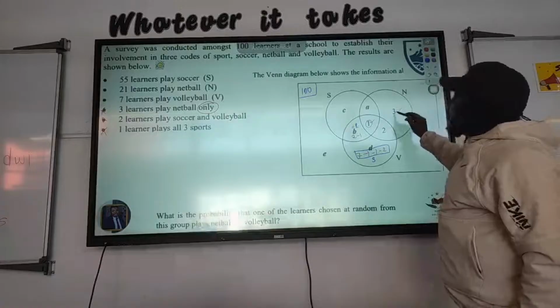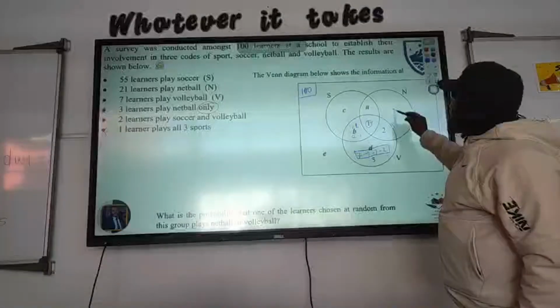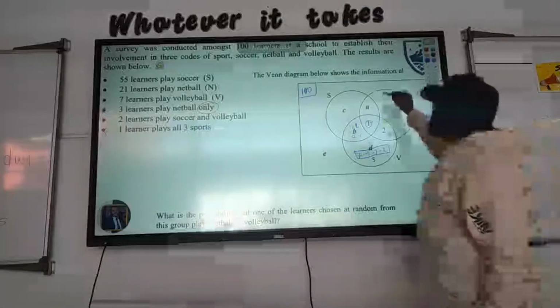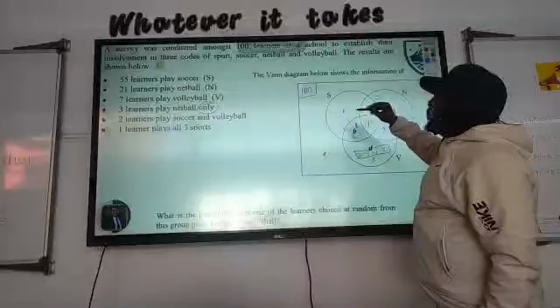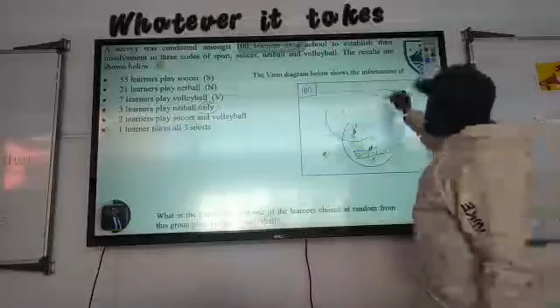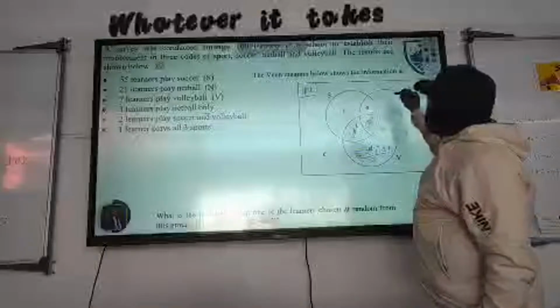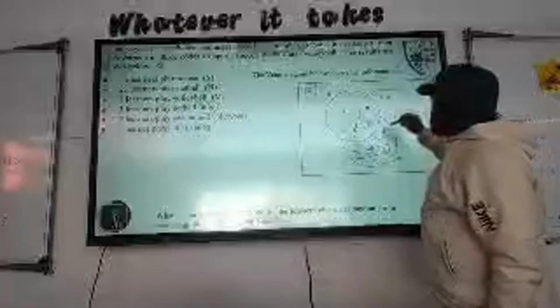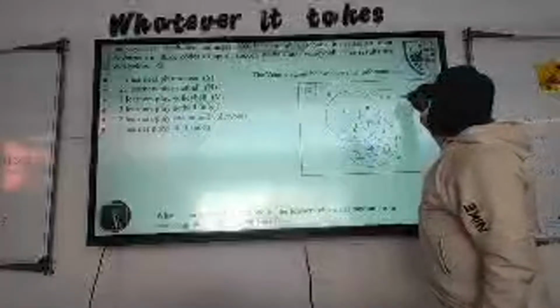And we see that we only have this side. So we have 21, and then we must subtract 8, then minus 1, and then minus 2.